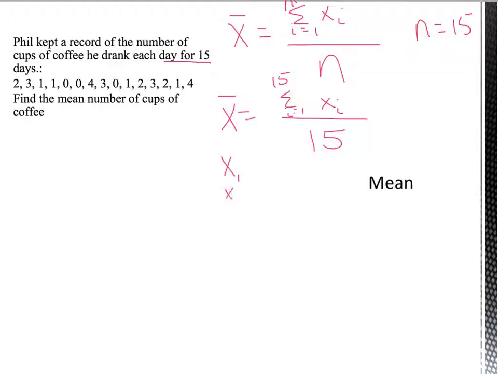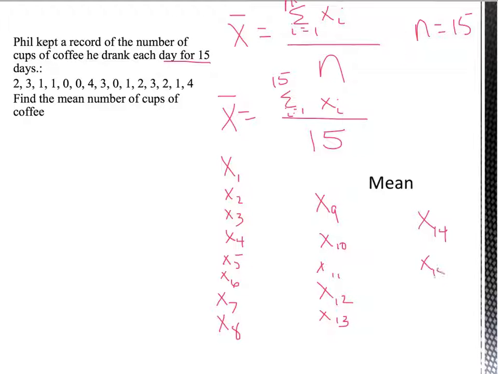So we have an x1, an x2, an x3, x9, x10, x11, x12, okay. These are all little equal signs, by the way.